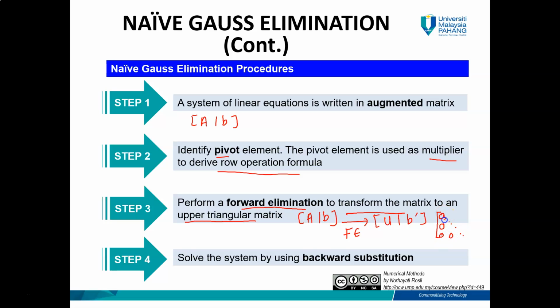So here if you have A11, A12, A13, then A22, A23, and then the last one A33, it means that all elements below this main diagonal should be equal to 0. When we get this kind of matrix, that is an upper triangular matrix and a new vector B, then we can solve the system by using backward substitution.